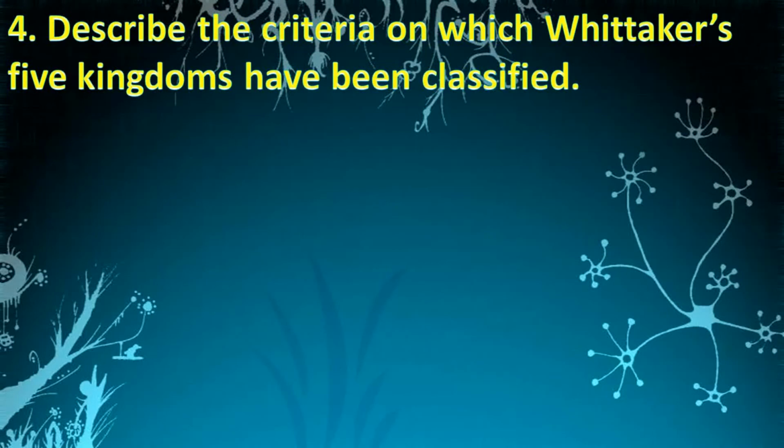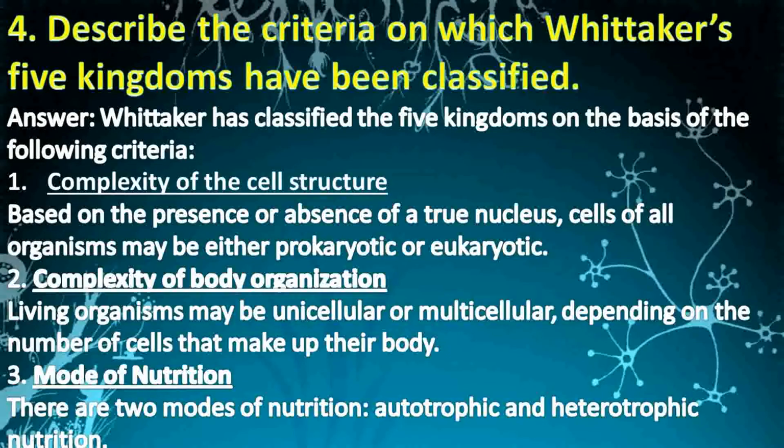Describe the criteria on which five kingdoms have been classified. Answer: Whittaker has classified the five kingdoms on the basis of the following criteria.